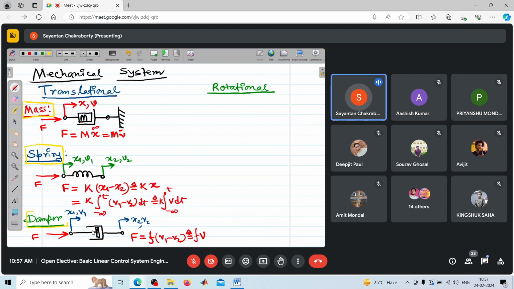And obviously this assumption is that they are lumped and they follow simple law of integration, first order derivative, or constant of proportionality. Their rotational counterparts will be an inertia element.